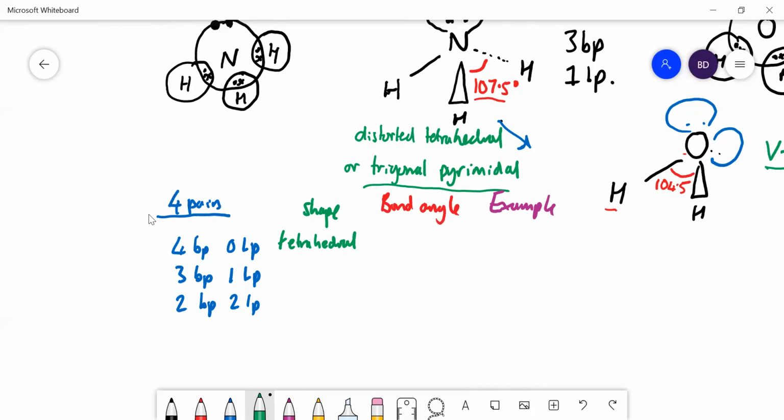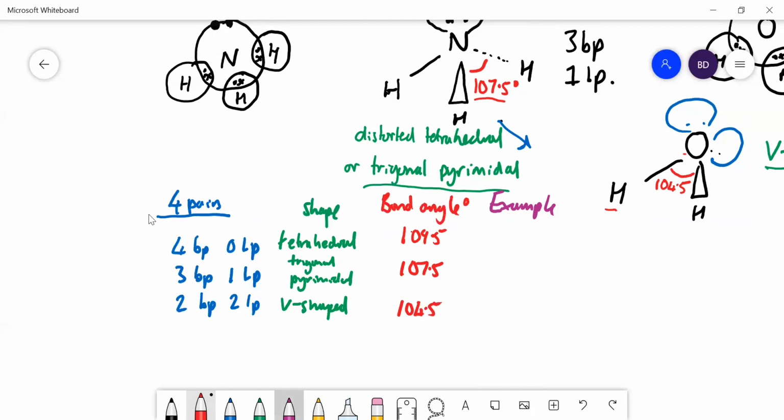This one is going to be trigonal pyramidal. This one is going to be V-shaped. The basic bond angle is 109.5 degrees. This one, the lone pair squashes it a bit down to 107.5 degrees, and this one, two lone pairs squash it even more down to about 104.5.